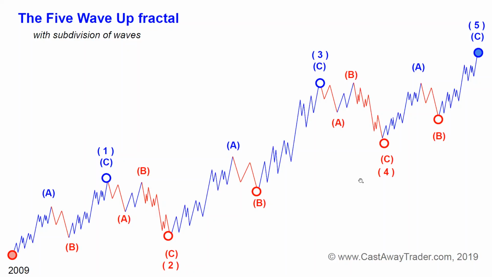We always start from the 5-wave up fractal, and currently US equity markets are in that macro 5-wave up fractal that started at the lows of 2009. And I'm gonna show you in this video that we are about to complete the strongest part of the rally in wave 3 up.